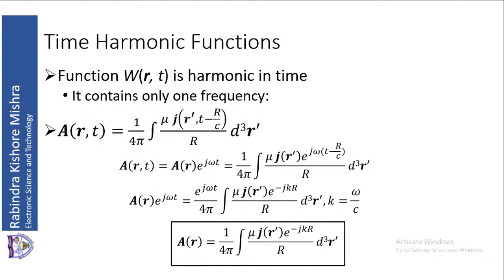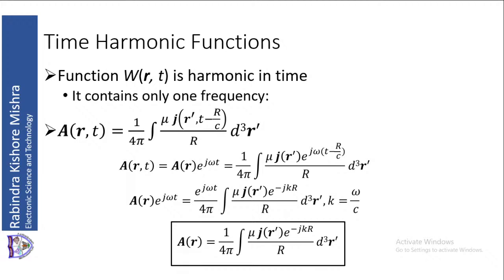So A is equal to mu J as a function of r dash, t dash, divided by capital R. Capital R is the distance between the source and the observation point, into dv, integration over volume, and so dv r dash takes care of integration over volume.